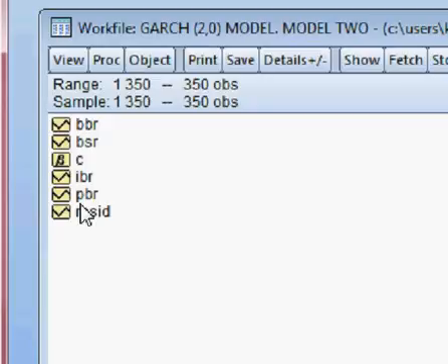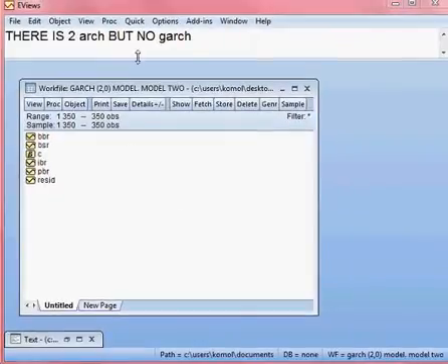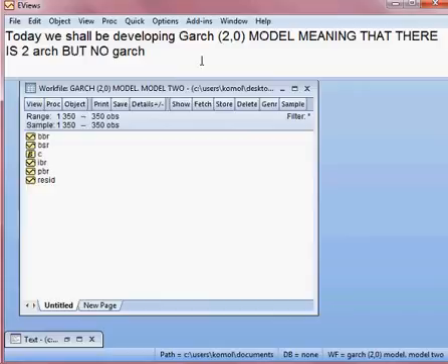Here I assume that all the variables are stationary, and if not, we have to make them stationary, and then I can run the GARCH 2.0 model. But here we assume that all the variables are already stationary, so we can run our model.